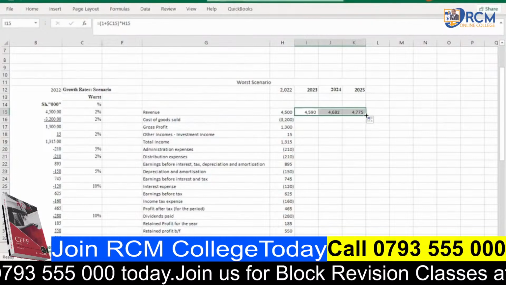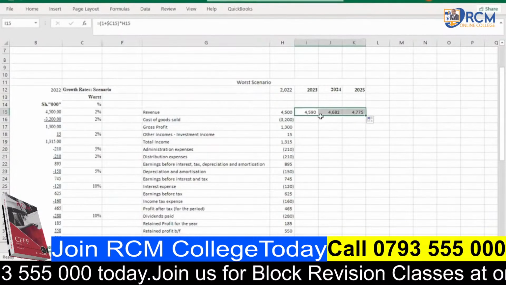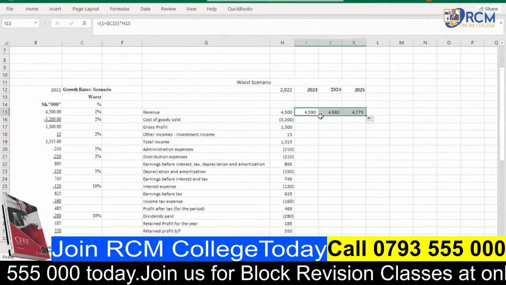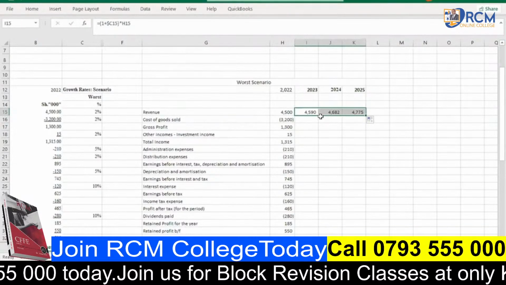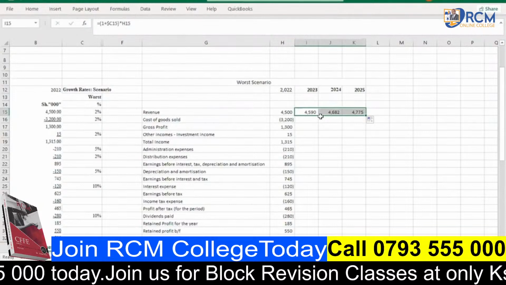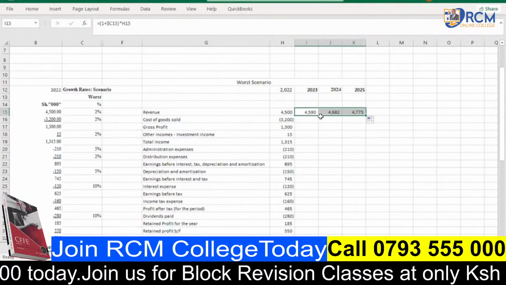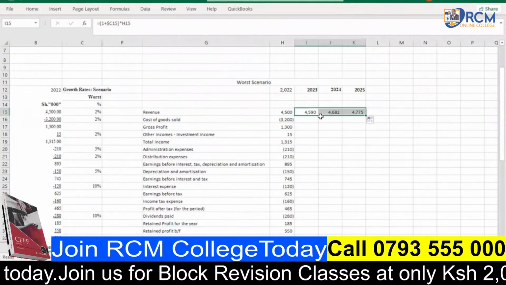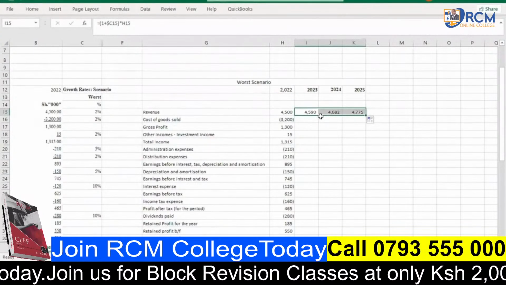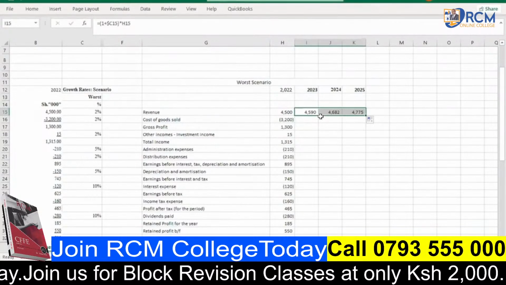Do you now have everything auto-filled? Iphone, confirm. Do you have everything now auto-filled?